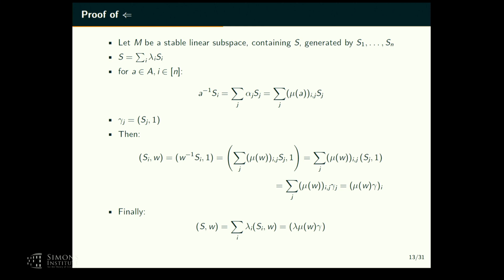And you'll do this by saying, okay, if I take this series for one of my generators, I know that it's in my set M. Therefore, it is itself a linear combination of my generators. And I use this to define my coefficients, basically. I will call these alpha j, forget them. Now I just call them mu a i j. And this defines the matrices I needed. And then there's a small computation where I think there's a step where you actually need a few extra lines to write on the side.